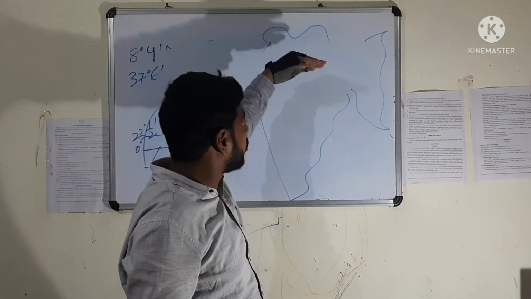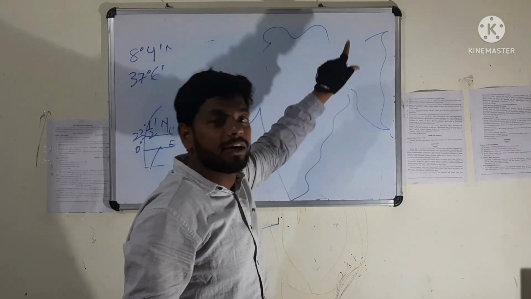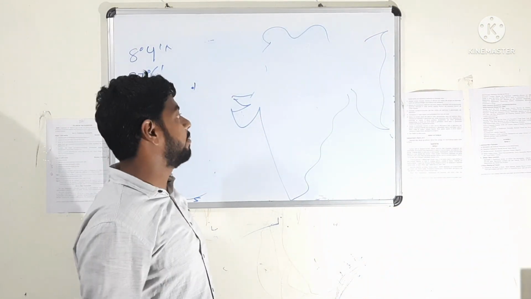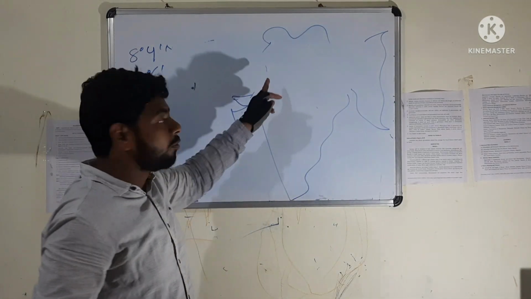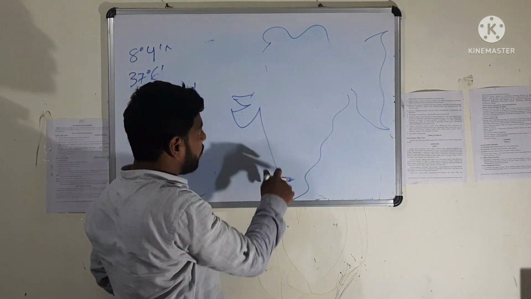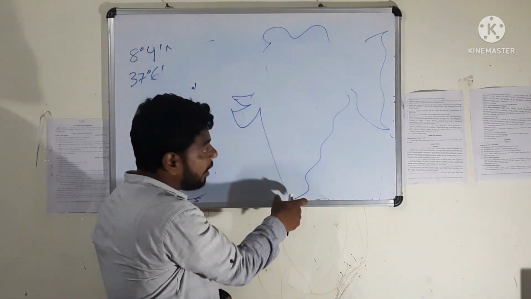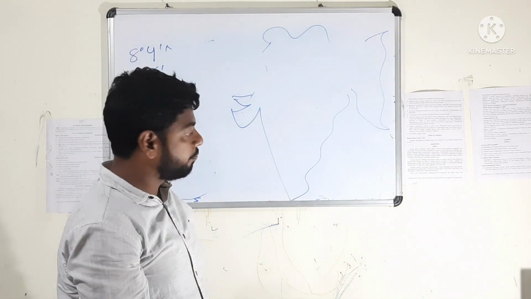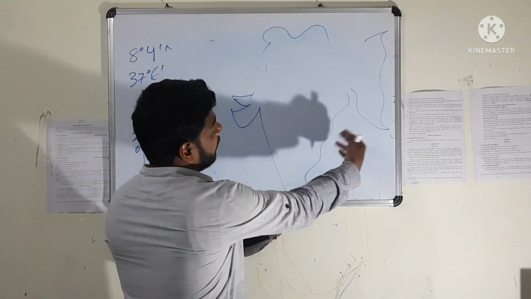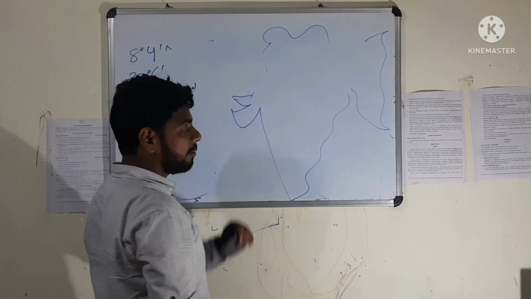The southern part of the Himalayan mountain is the plain area, the great northern Indian plain, that is the youngest physiographic division. Here, what is it? The Great Indian Desert, the Thar Desert, and in the southern part, Western Ghat, Eastern Ghat, and the Peninsular Plateau, and in this part, Indian Ocean, here Bay of Bengal, here the Arabian Sea.